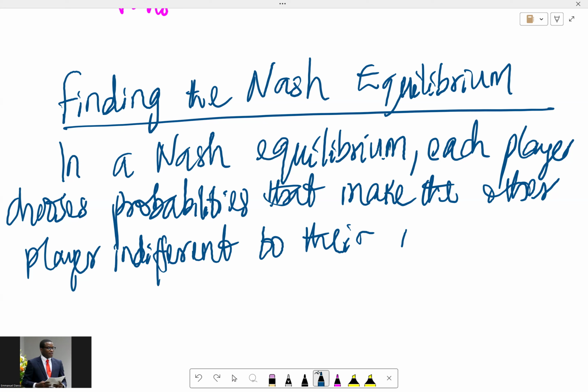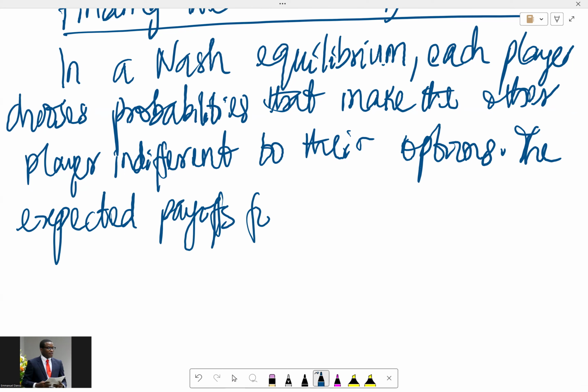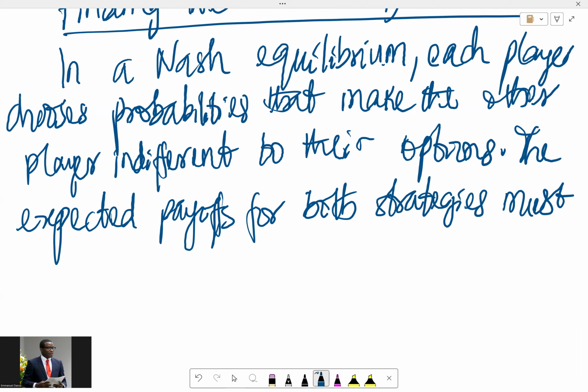Indifferent to their options. So the expected payoffs for both strategies must be equal. Okay. So let's go for step one.